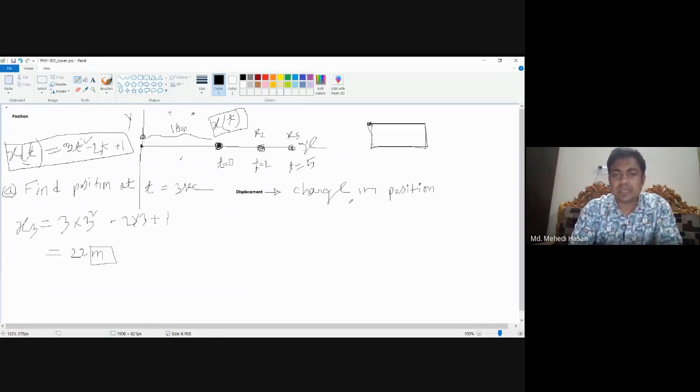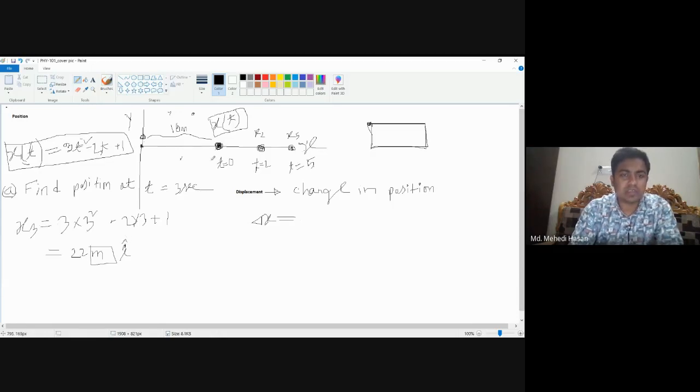Displacement is a vector quantity called the change in position, which is basically del x. Here this part is magnitude only. If you write this as a vector, you can introduce a unit vector i cap, because this is one-dimensional.